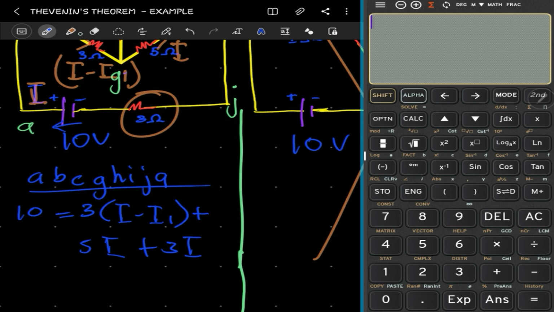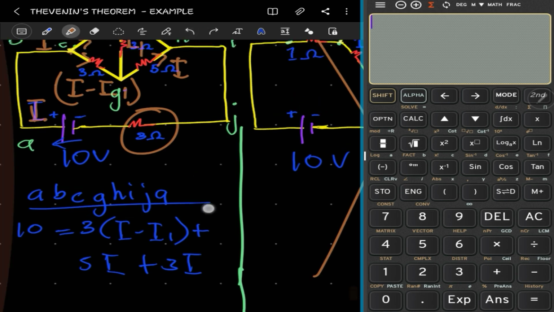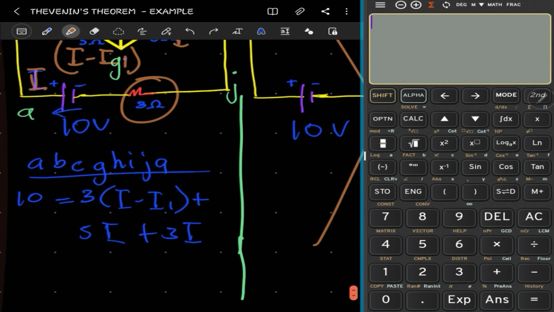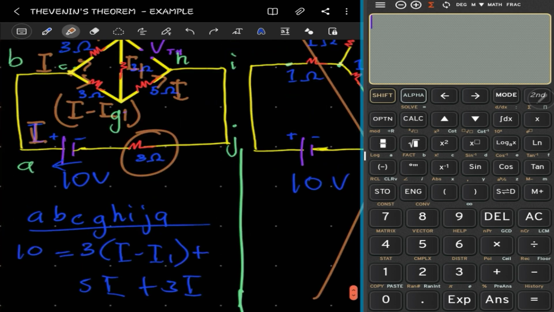Looking at it, we have two variables, I and I1, so we need another equation to be able to find I and I1, because we'll use that to find the VTH.